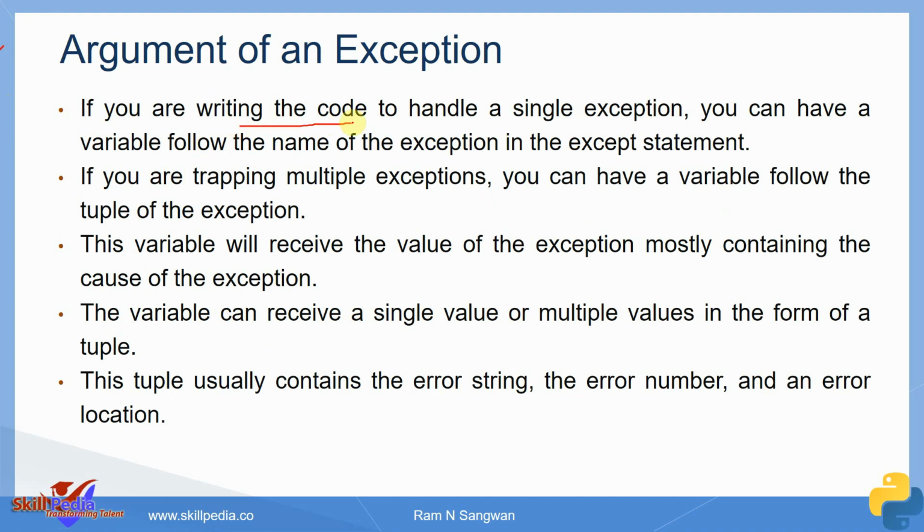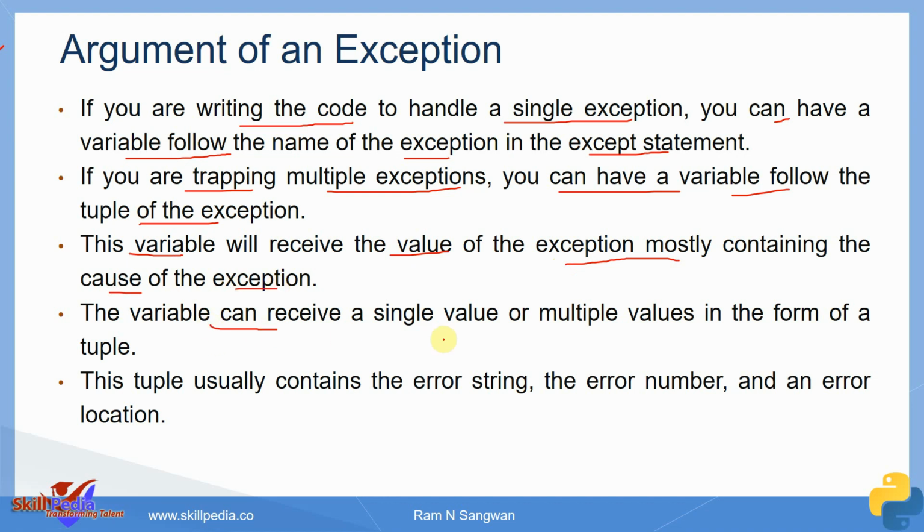If you are writing code to handle a single exception, you can have a variable follow the name of the exception in the except statement. If you are trapping multiple exceptions, you can have a variable follow the tuple of exceptions. This variable will receive the value of the exception, mostly containing the cause of the exception.